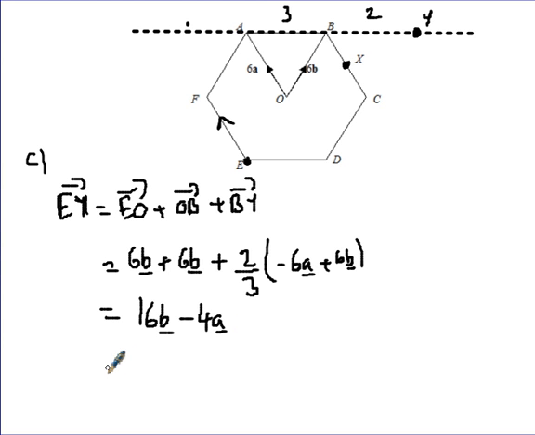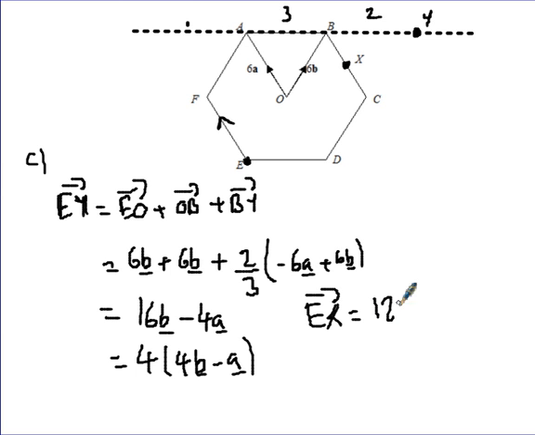Well, is there anything I can do there? Is there something that I could show? I could actually factorise out a 4, which will give me 4B minus A. And from my previous work in here, I've actually got EX. Now EX, we worked out on the previous one was 12B minus 3A.